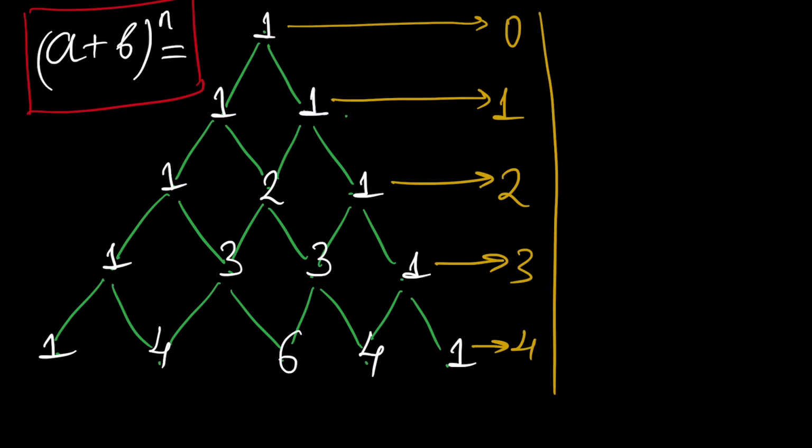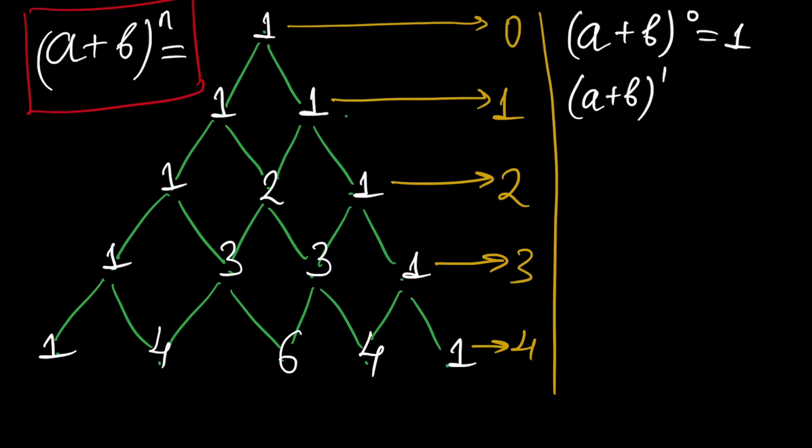This first line corresponds to (a + b) to the power 0. This is just 1. And (a + b) to the power 1 is just a + b.